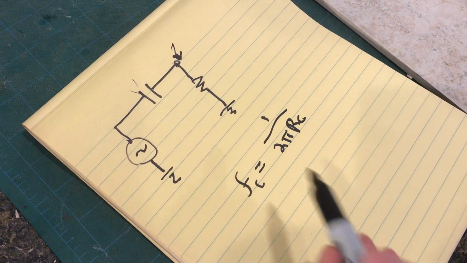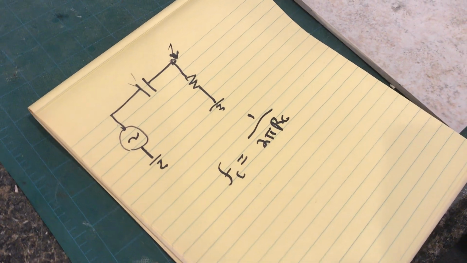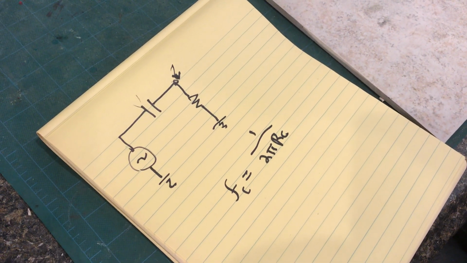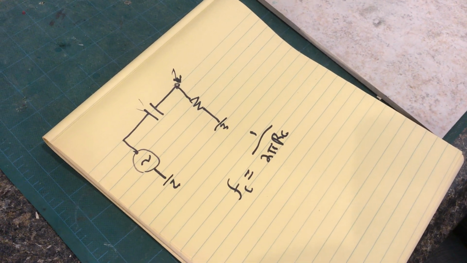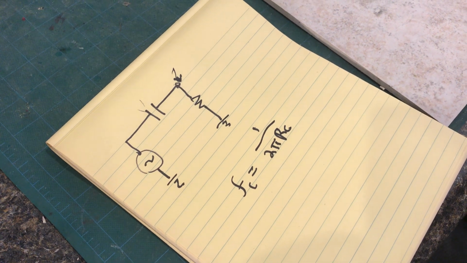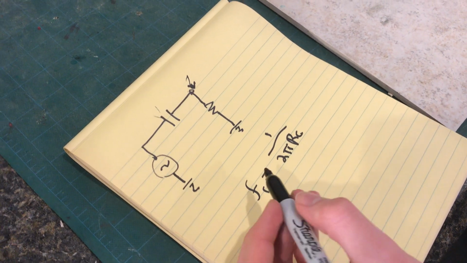This is for high and low pass filters. It's just that whenever you hit the corner frequency, for a low pass, as you go above corner, the voltage drops off, but for a high pass, as you go above the corner frequency, the voltage approaches the input voltage. It increases.